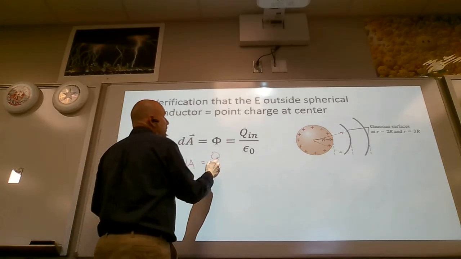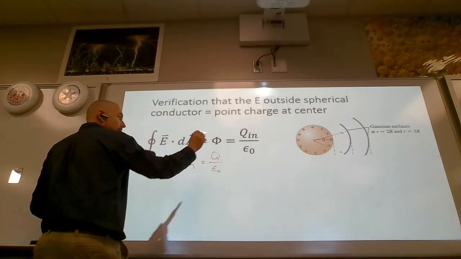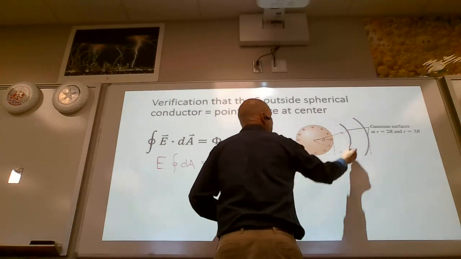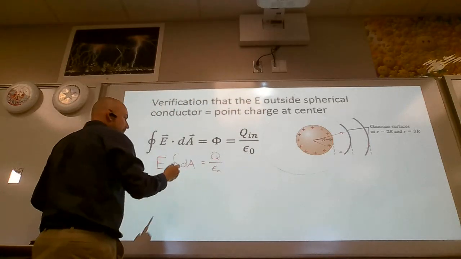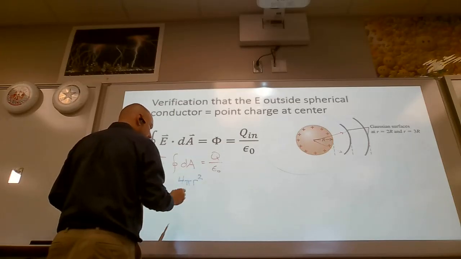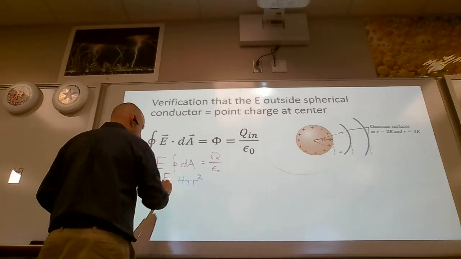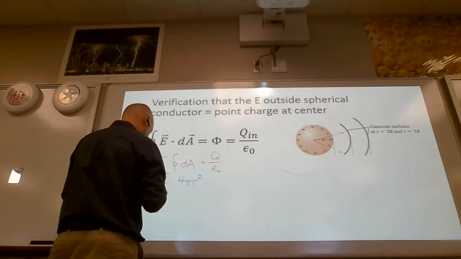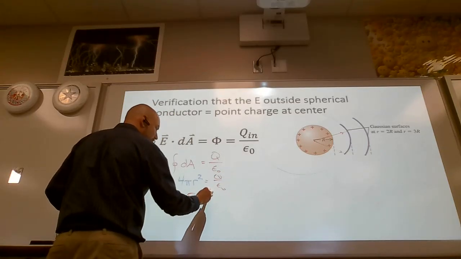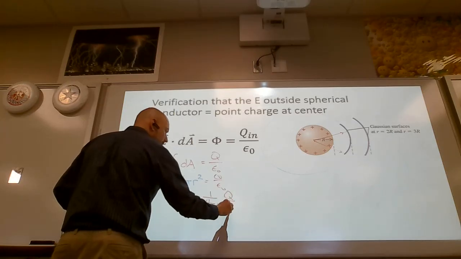Charge enclosed is Q over epsilon naught. Our Gaussian surface is going to be a sphere. The area of a sphere, just memorizing from geometry, is 4 pi r squared. Equals Q over epsilon naught. Solving for that, you have 1 over 4 pi epsilon naught Q over r squared.